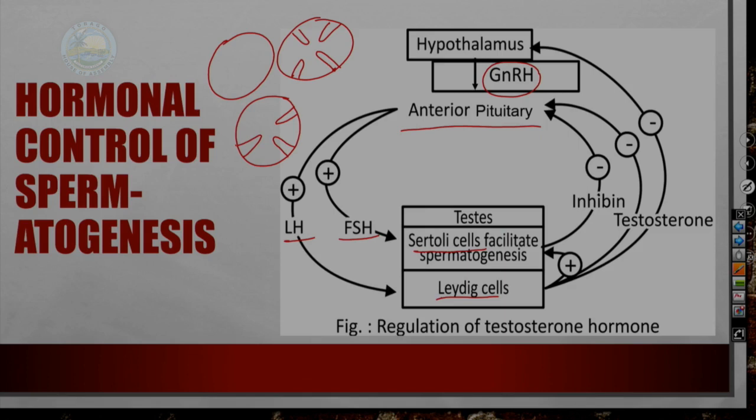You also have some cells that are found in the area between adjacent seminiferous tubules. These cells are the Leydig cells, otherwise known as the interstitial cells. Now these cells are responsible for the production of testosterone.